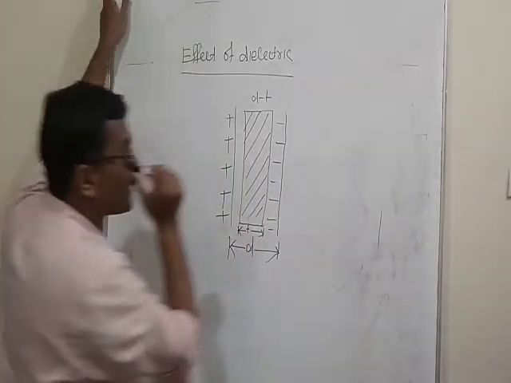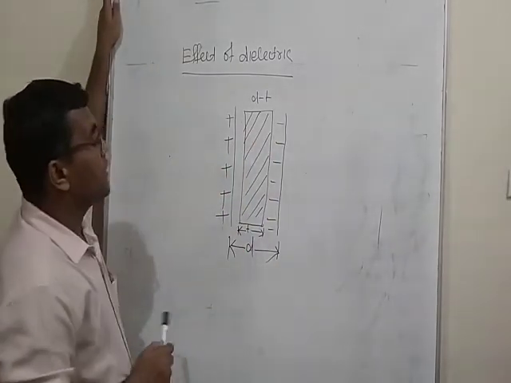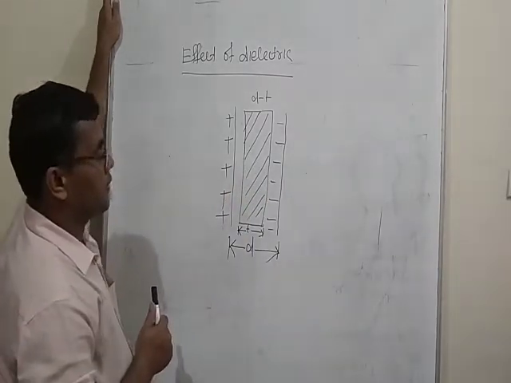Consider a dielectric slab having thickness T inserted in between the two plates.